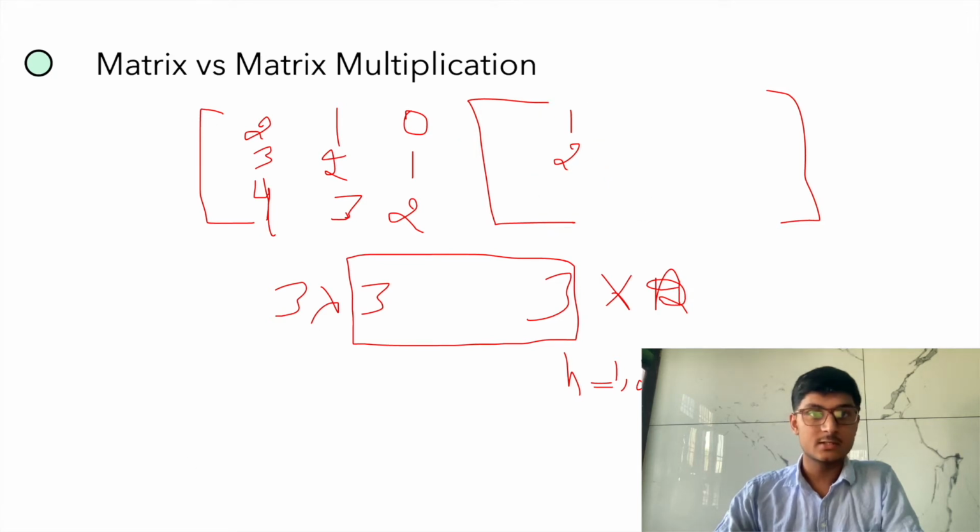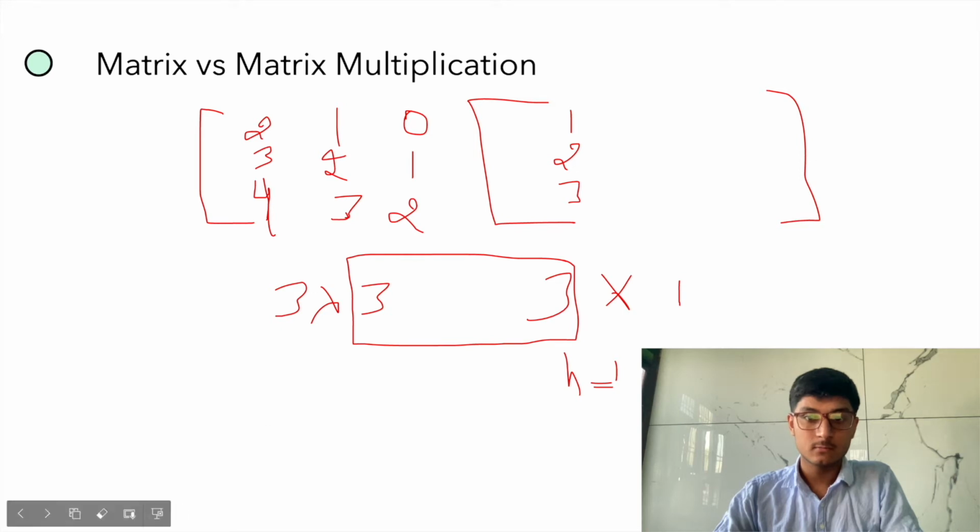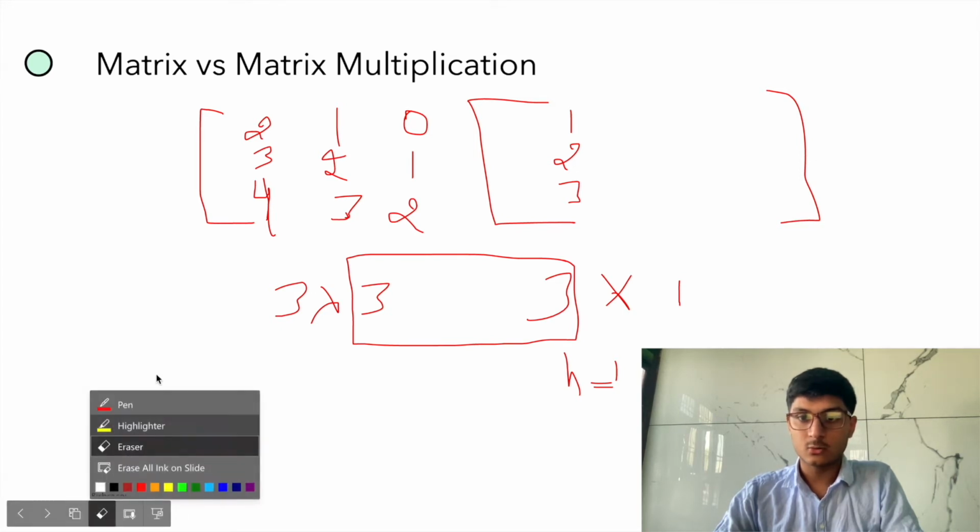So let's erase this. So let's take a 3 cross 1 matrix, 1, 2 and 3. So let's erase this also, and it's alright.